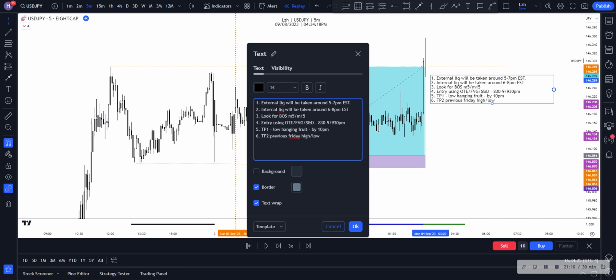TP2 is the previous Friday high or low, and that's the overall draw of liquidity that we want to target. And if it gives you a couple of R, that's good enough. And this usually happens within like 2 to 3 hours.